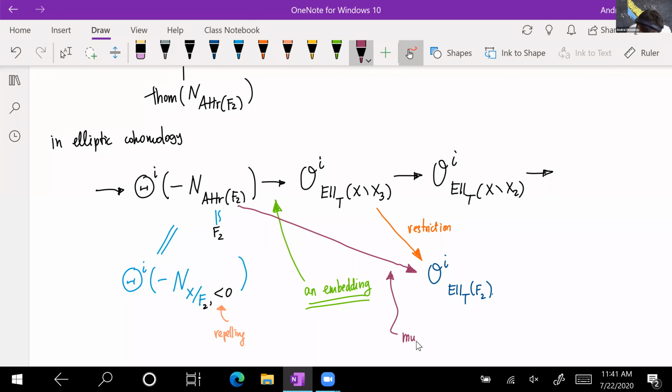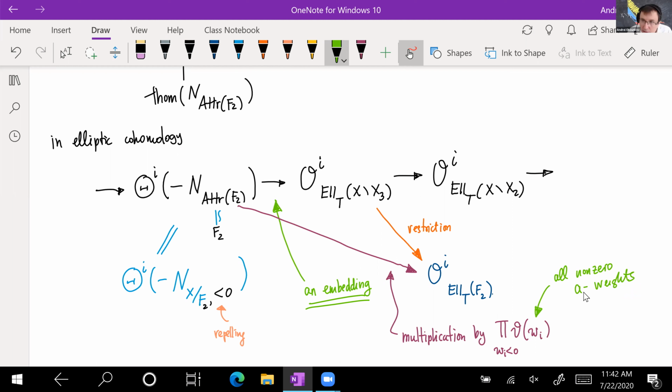This is because it's multiplication by the product of the functions, now taking repelling weights. And the point is, these are all non-trivial A weights. Since these are repelling, they're particularly all non-zero. And so this object is not a zero divisor.